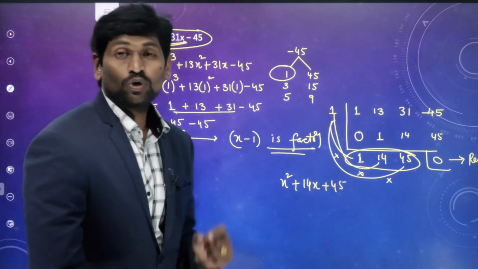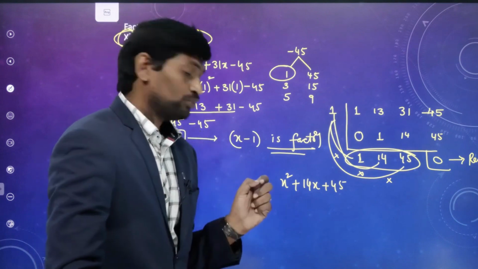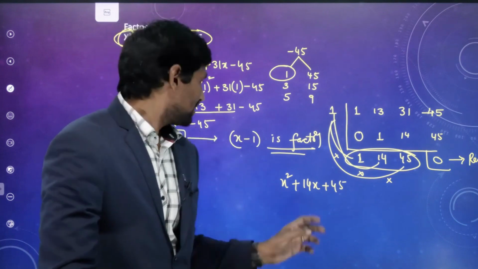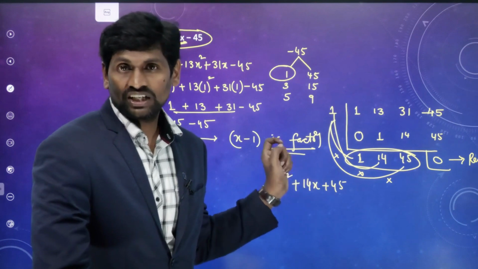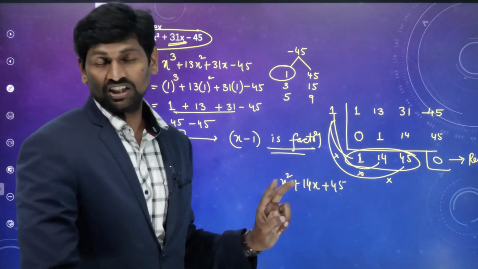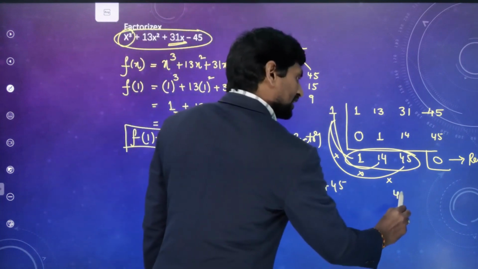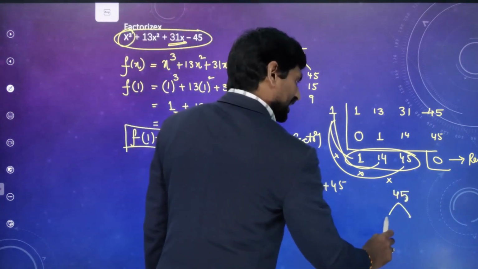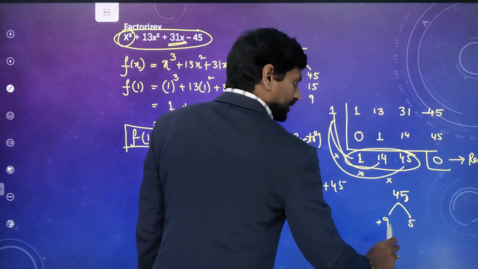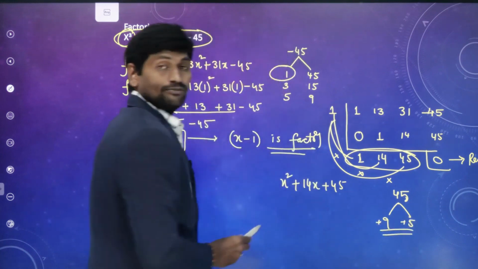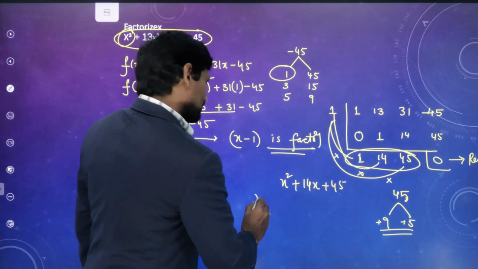You already learned in the quadratic equations chapter how to find the roots or factors of a quadratic equation by splitting the middle term, or we can use the formula. I am splitting the middle term by taking the factors of 45 as 9 5s 45, and 9 plus 5 becomes 14. So this 14 I can split as 9x plus 5x.